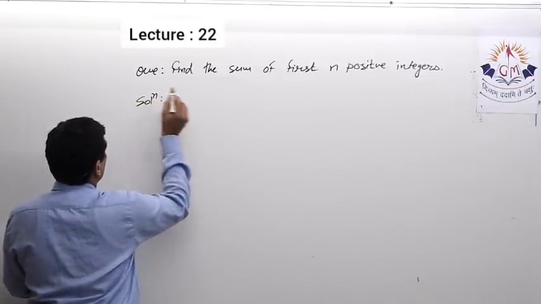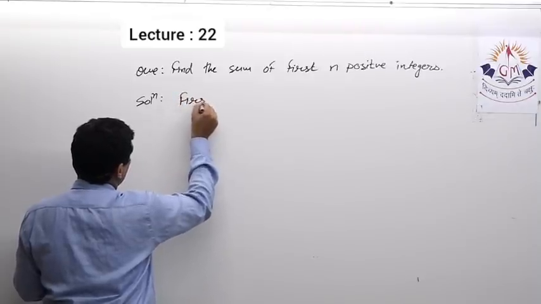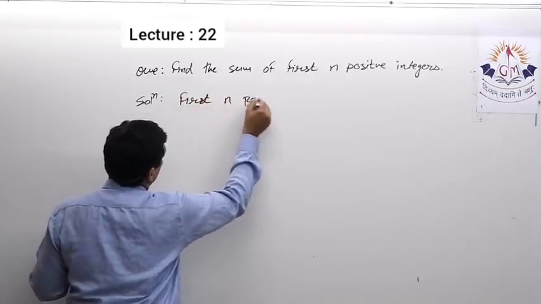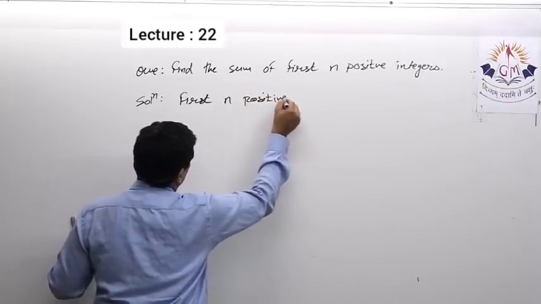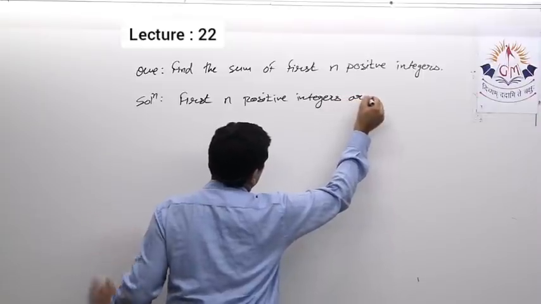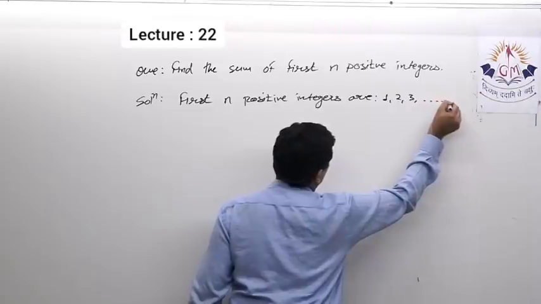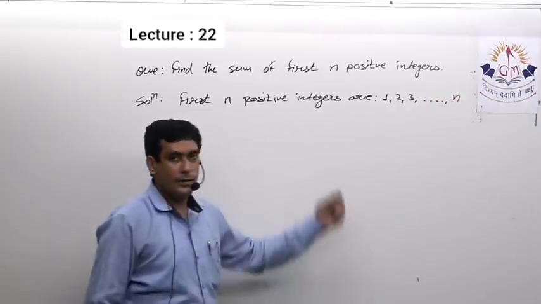Let us see. So first n positive integers are, we'll start from 1, 2, 3 and up to n, because n is any numeric value.